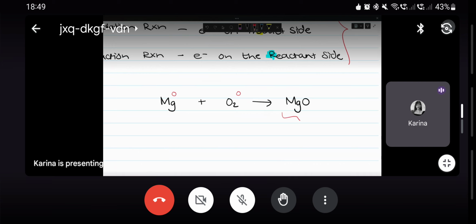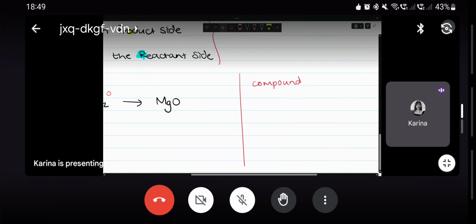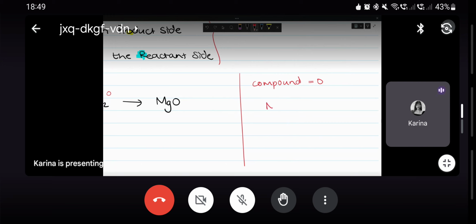And now magnesium oxide. This is a compound, right? Let's not forget the rules. I'm going to write it down on the side here. This is a compound, which means, what do we know about compounds? Their oxidation numbers, if you add them, must give us 0. So if we've got magnesium oxide, we look on the periodic table. What is the oxidation number of oxygen?